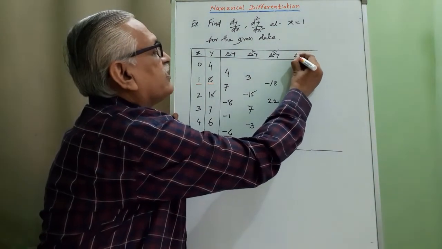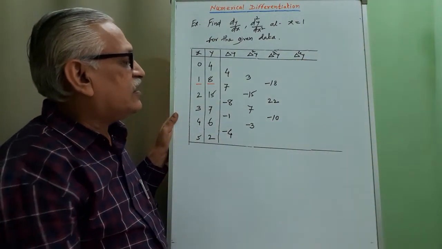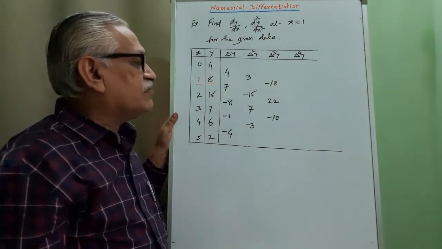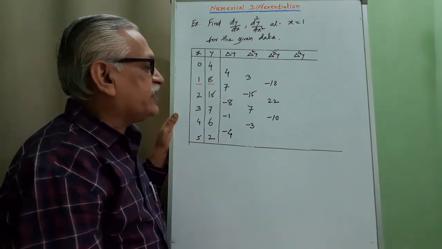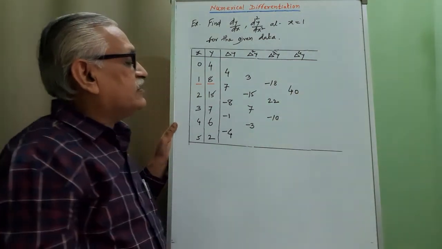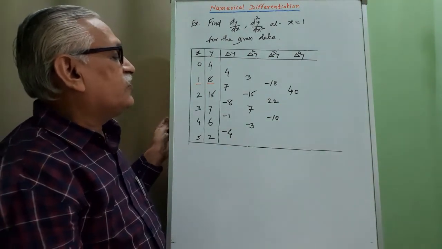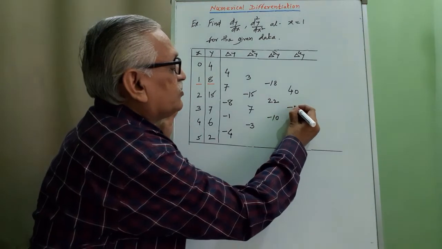Then the last one, del raised to 4 y: 22 minus minus 18, 22 plus 18 we get 40. Then minus 10 minus 22 we get minus 32.